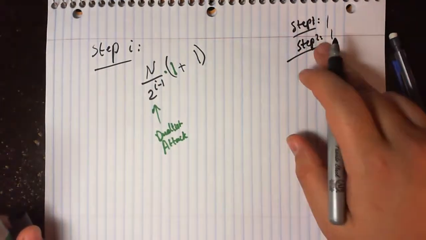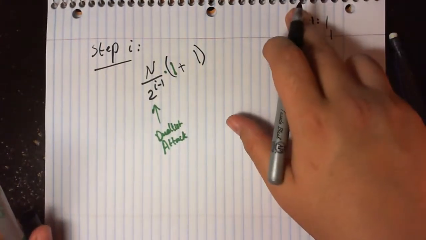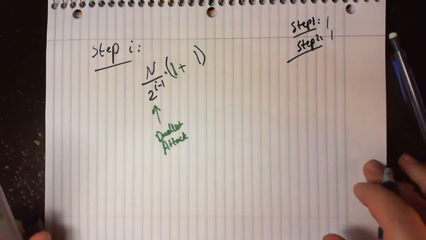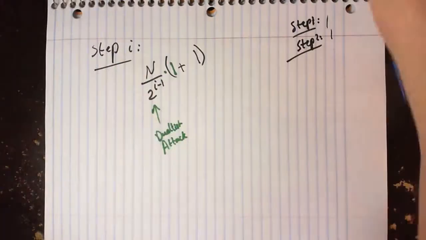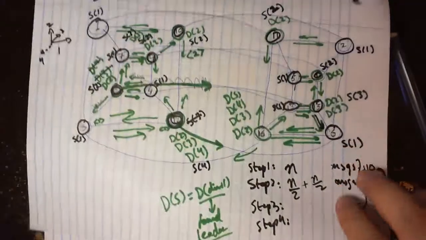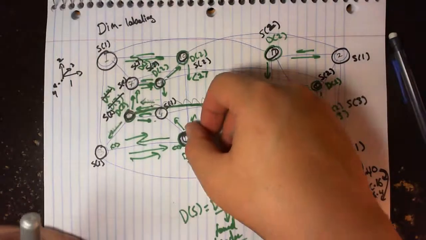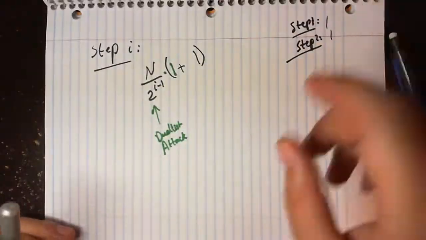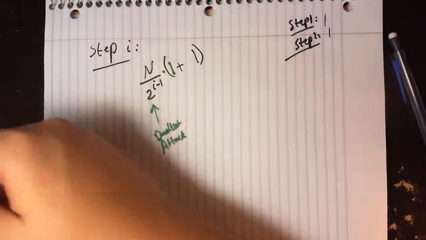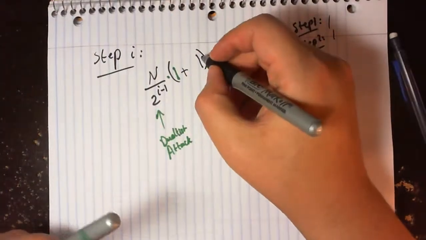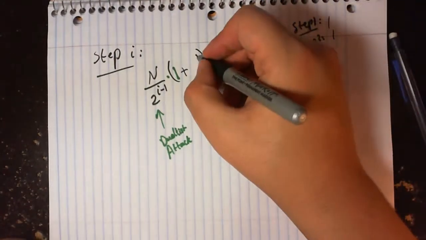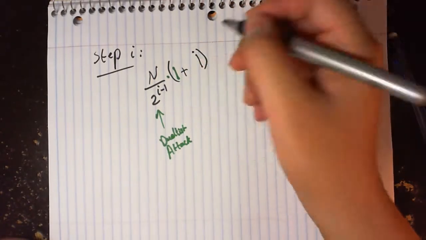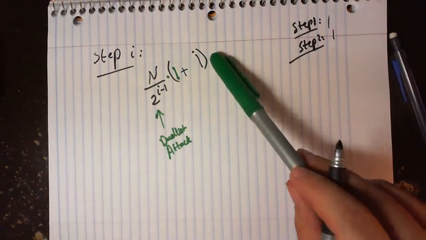Because in step 2, I can go either 1 along my dimension or 1 plus 1 along the second dimension. So I can forward it twice, right? If I receive an attack and I have to forward it more than once, then it'll be some sort of sum of i.